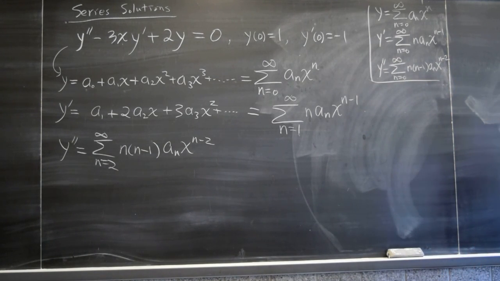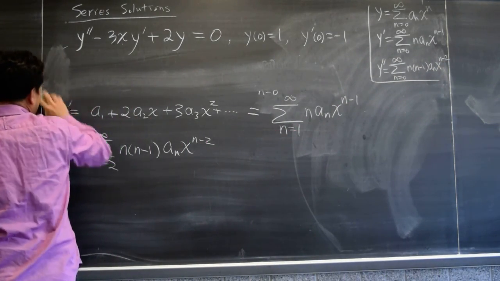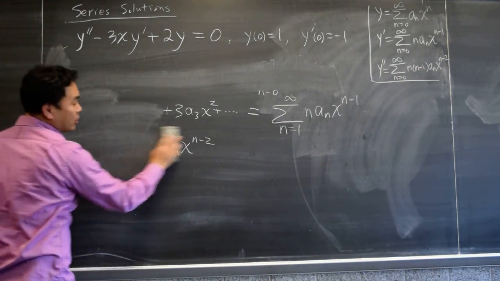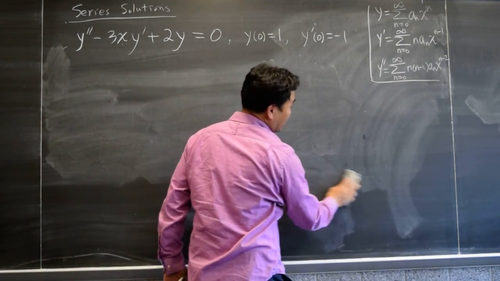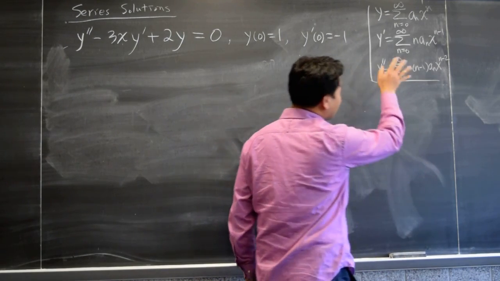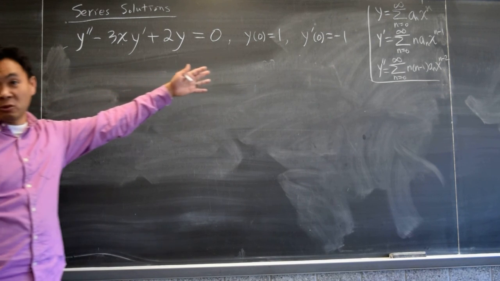Okay? So that's always the case for basic series solutions. When we get to Frobenius solutions, it'll be slightly more complicated. But this is what we're going to work with now.